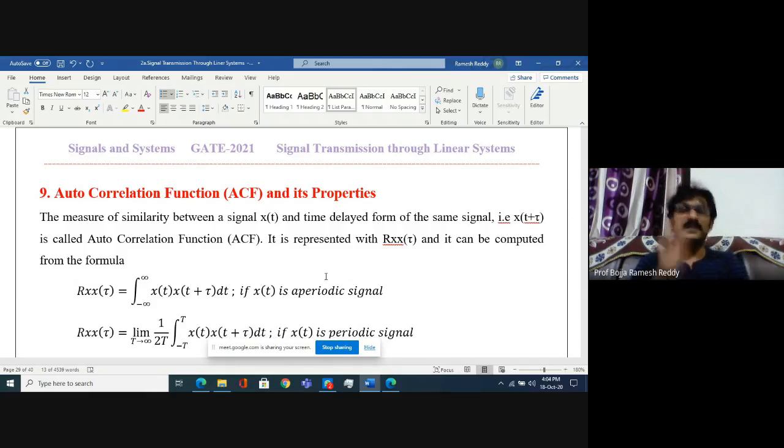Suppose we know one signal x of t, that may be anything, a continuous time signal. Take its delayed or advanced form, which means shifting the original signal to the left or right.